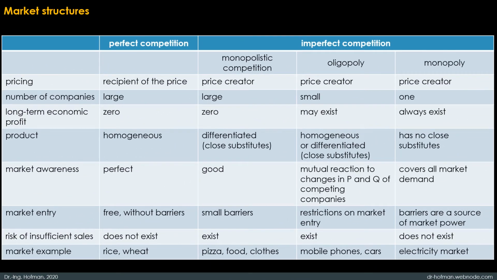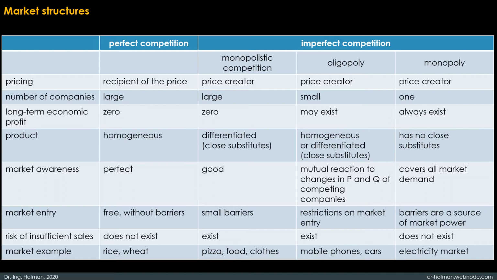Let's speak about the basic market structures. We will compare perfect competition with imperfect competition: monopolistic competition, oligopoly, and monopoly. In the first criterion, we have pricing.